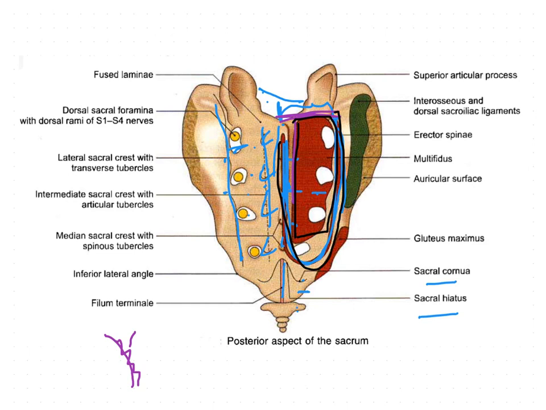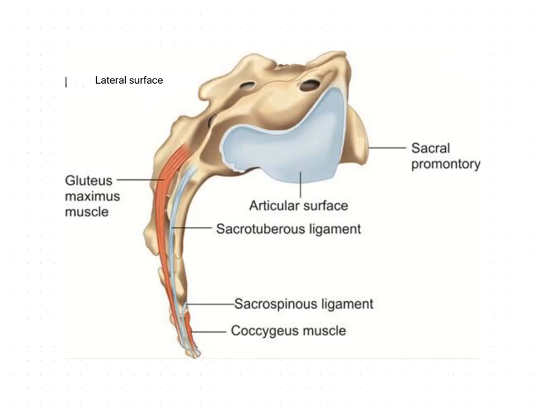Now we will see the lateral aspect. Now we are going to see the lateral aspect or lateral surface of the sacrum. Yes. It is formed by fused transverse processes and costal elements.